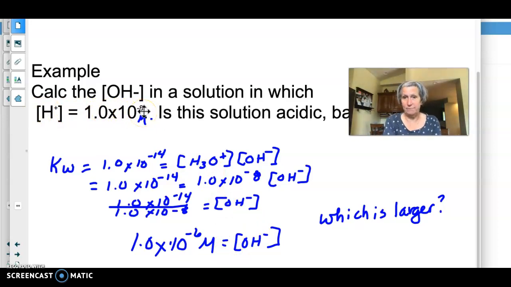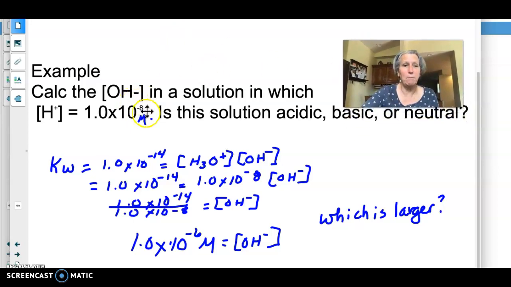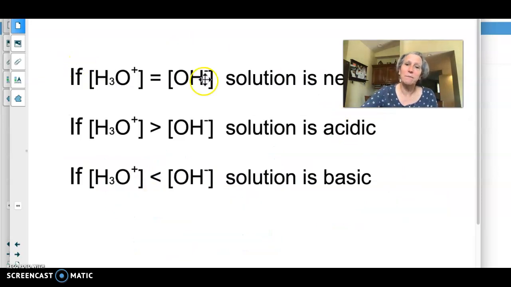Which one's larger? And I say that to you guys because sometimes kids get mixed up. Remember, this is a negative sign here. So the one that you have more of is the hydroxide, because this is a larger number than this number, right? So the hydroxide is larger. So that means this solution is basic, okay? And how do we know that it's basic?